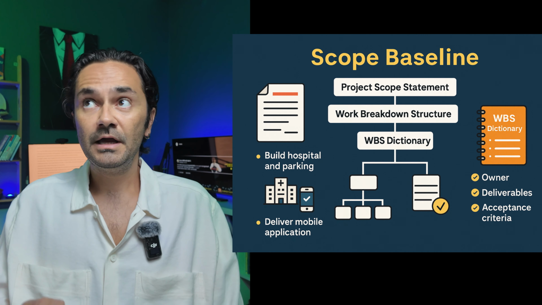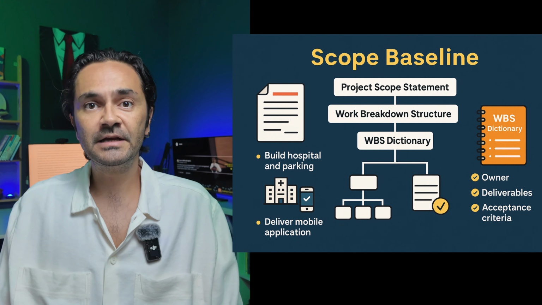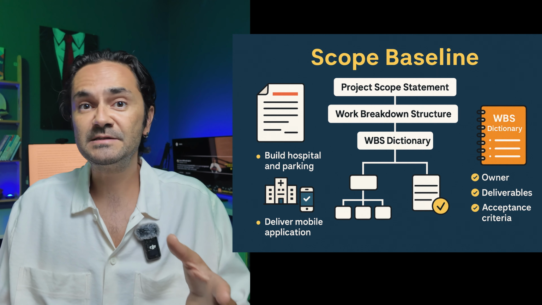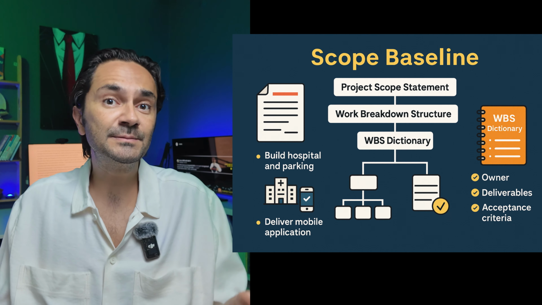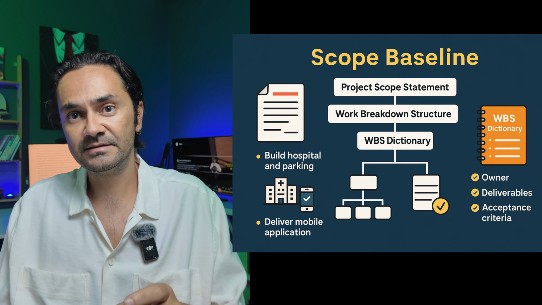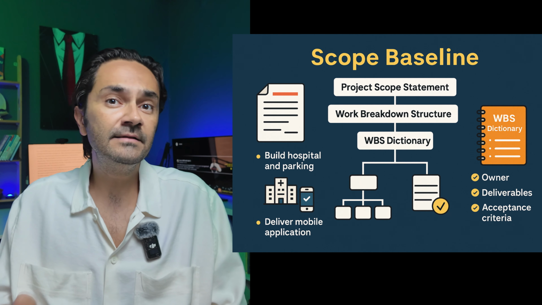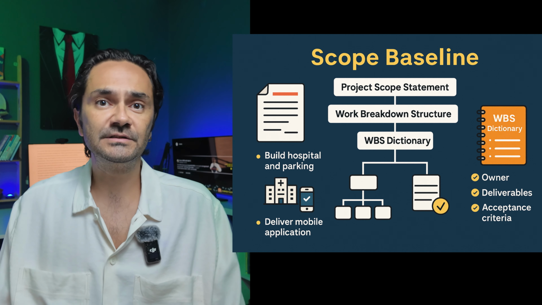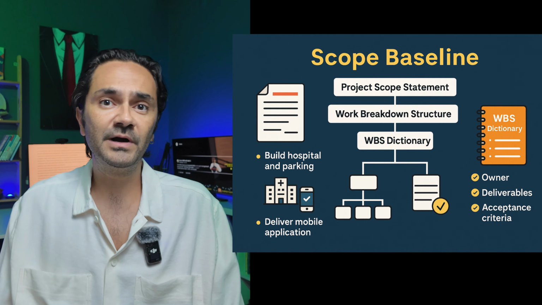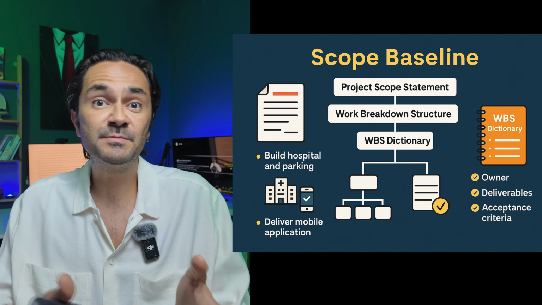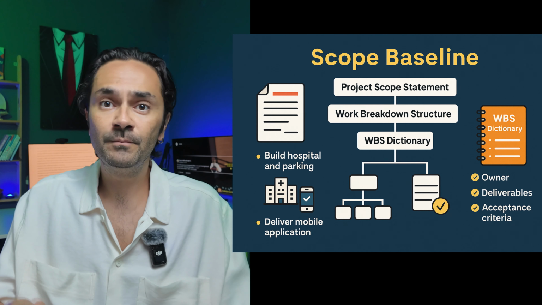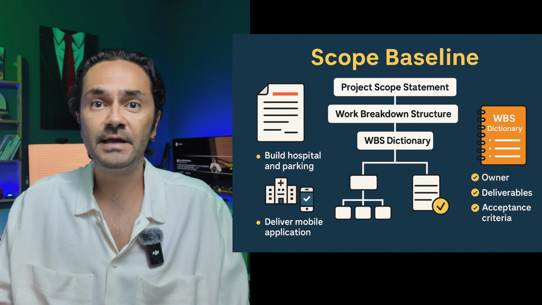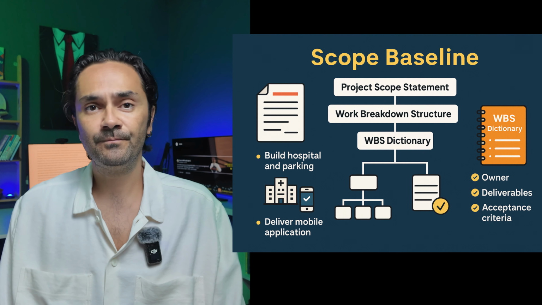For example, in a hospital construction project, the scope statement may specify that the project includes building the main hospital building and parking facilities, but excludes landscaping and feature expansions. Or in a software development project, the scope statement may specify that the project will deliver a mobile application for iOS and Android but excludes creating a desktop version.